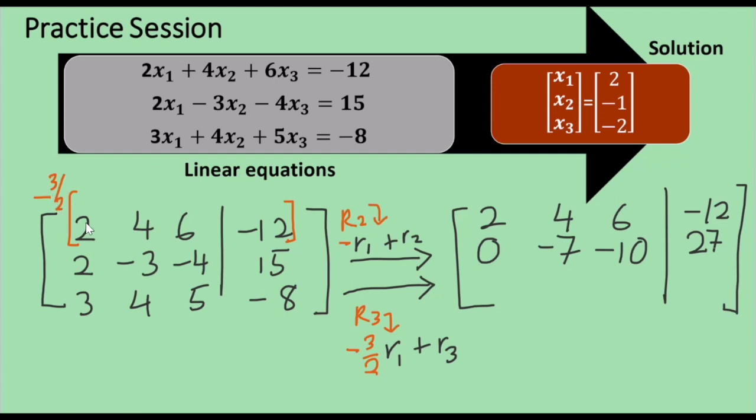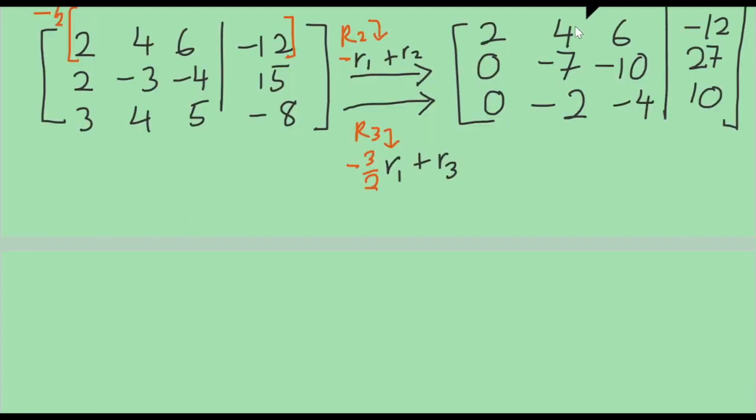Negative 3 over 2 multiplied by 2 gives us negative 3 plus 3 is 0. Negative 3 over 2 multiplied by 4 plus 4 gives us negative 2. And the next value is negative 4 and 10. So I'm going to copy this matrix.